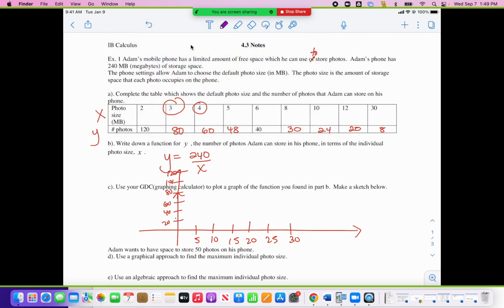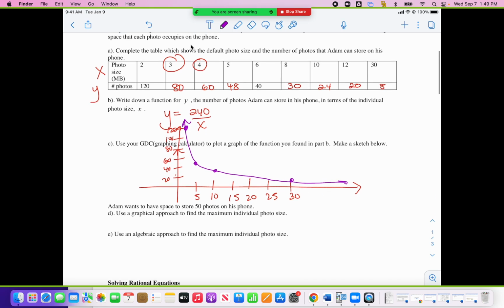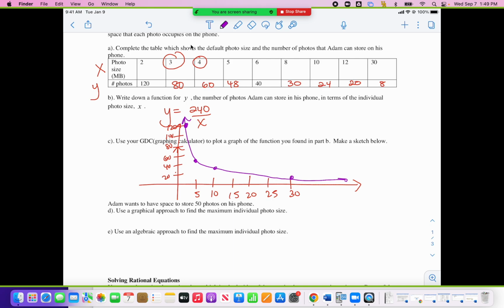So then for 2, you're going to just eyeball where 2 is. 5 is 48, 10 was 24, and 30 was 8. So this is the graph of y equals 240 over x.